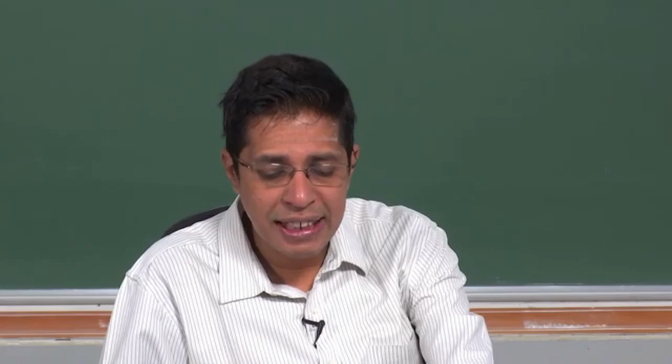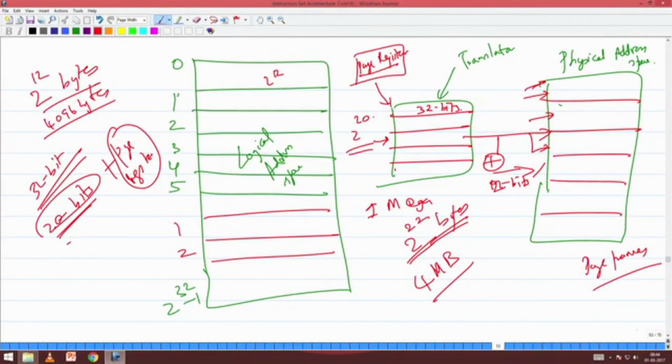I use those 20 bits as an index, added to the page register, to look at whether the page is already loaded into the physical address space. If it is loaded, I take the remaining 12 bits, add them to this base address, and get the actual address.